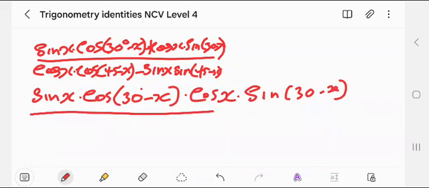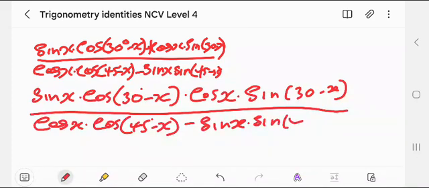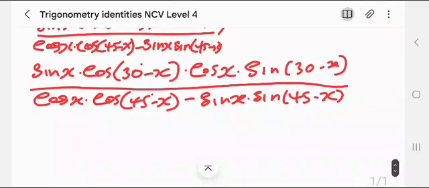This is what we have over cos x multiplied by cos of 45 minus x, minus sine x sine of 45 minus x. So we should simplify this.